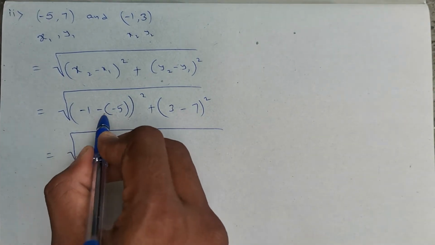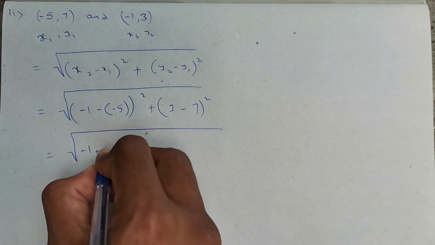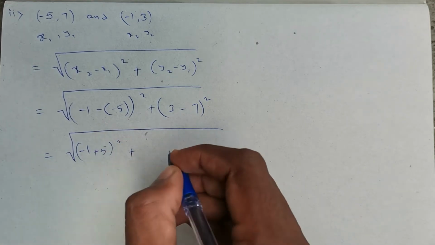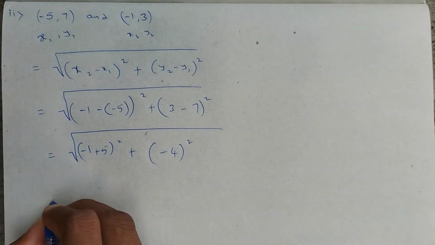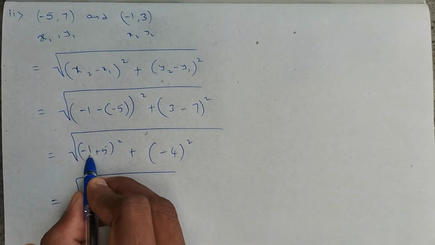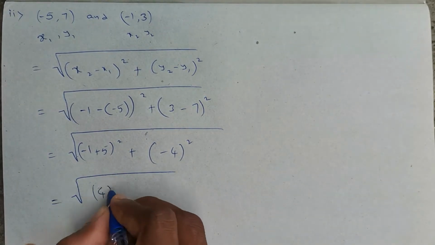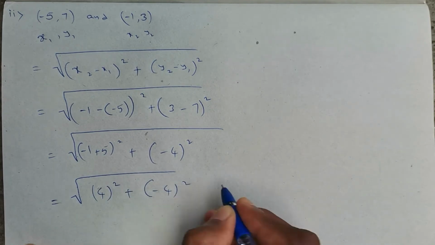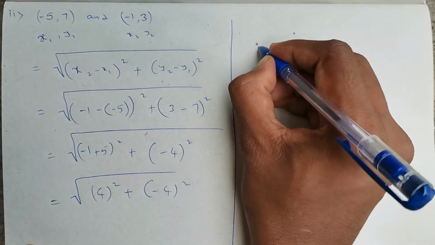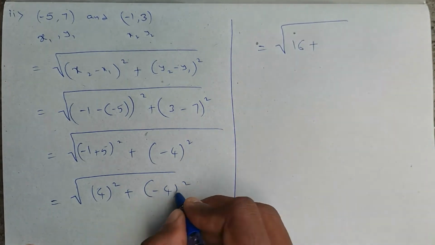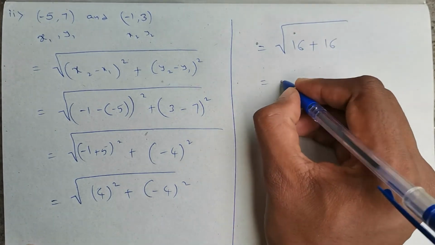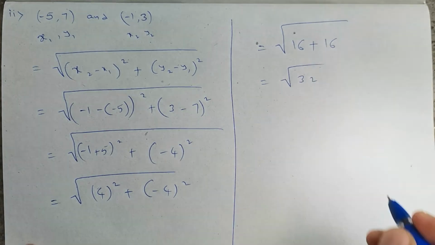Minus 1 minus of minus 5, plus 5, whole square, plus (3 minus 7), minus 4, whole square, which is equal to under root (minus 1 plus 5), 4 square, plus (minus 4) whole square, which is equal to under root 4 square 16 plus (minus 4) square 16, is equal to under root 32.